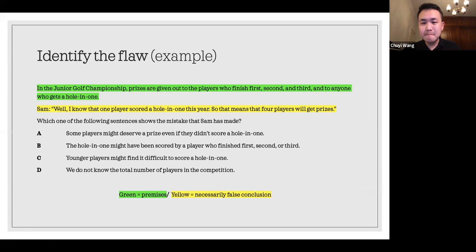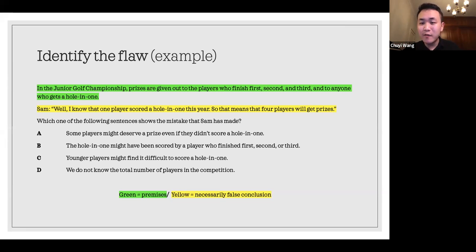Now let's look at B. The hole-in-one might have been scored by a player who finished first, second, or third. Well, that seems like a more likely mistake. And in fact, it does look like the most likely mistake via our common sense. Why does that seem like the mistake they've made? Because the premises give prizes to anyone who finishes first, second, and third, and to anyone who gets a hole-in-one. Now, it doesn't say they get an extra prize.